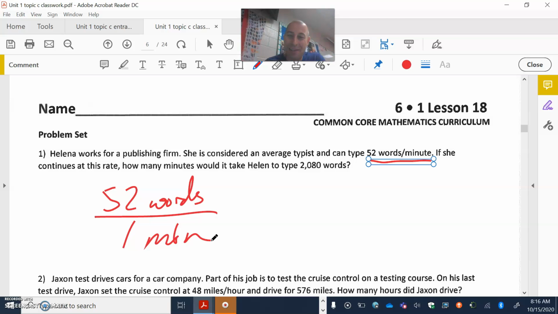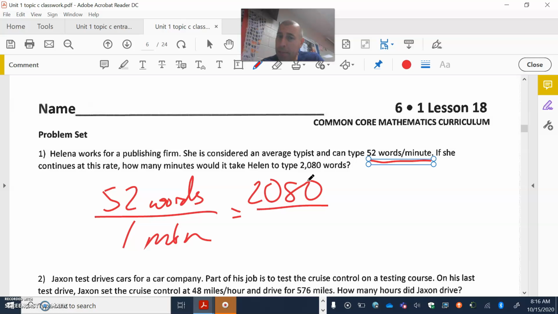Well, yes, we did that in the two problems before, but this is why I think the ratio is important there. It says if she continues at this rate, how many minutes would it take to type 2,080 words? Well, where's the words? Oh, the words are up top. It's not just going to be a multiplication problem here.